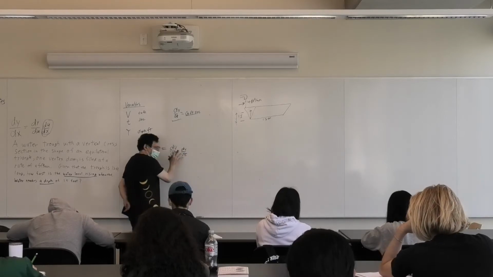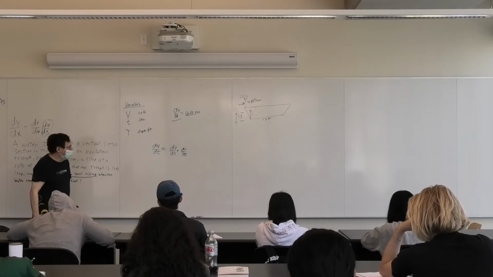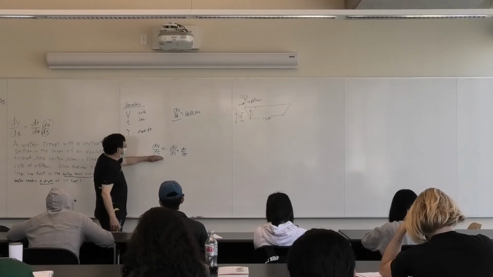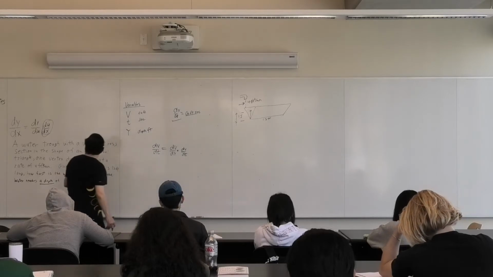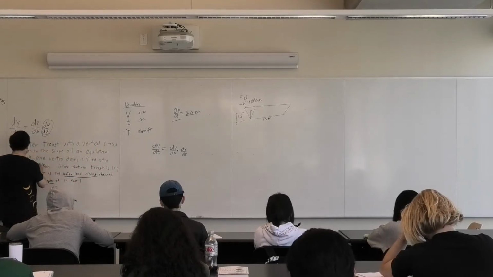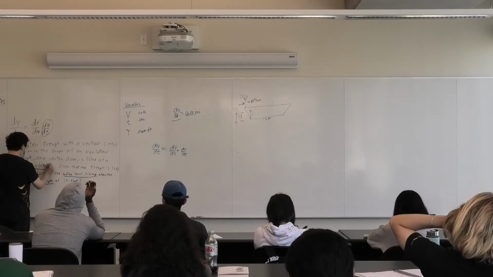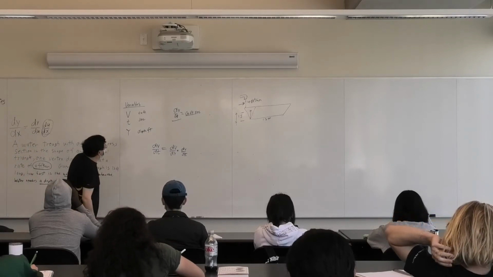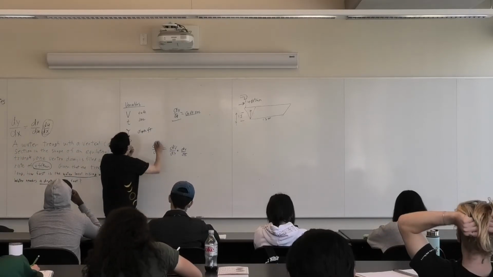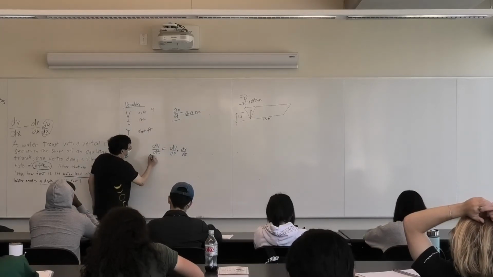Again, we can do that kind of mechanically and look back and think about what that means. dV dt, volume with respect to time, it's over here. It's being filled at 4 cubic meters per minute. That's what we got here.